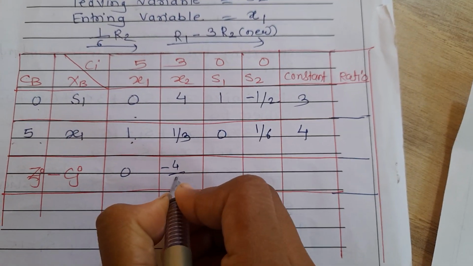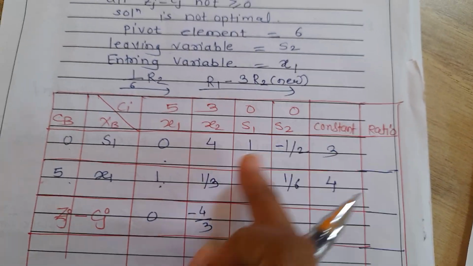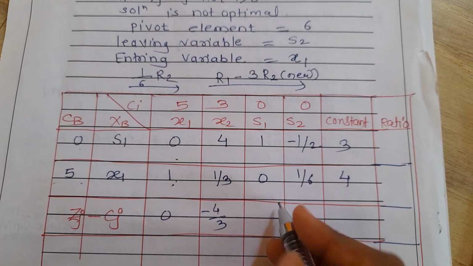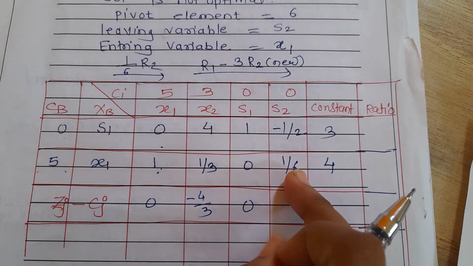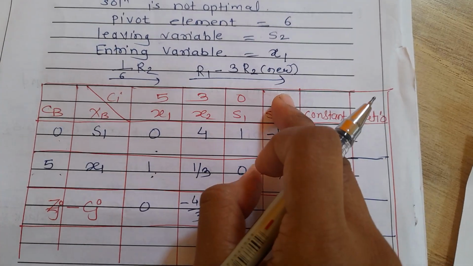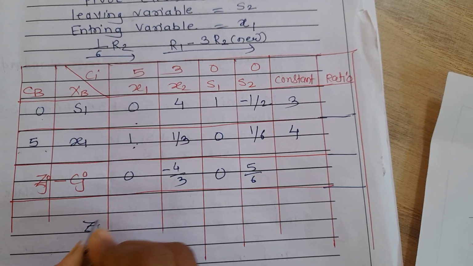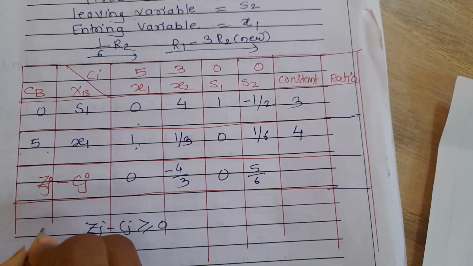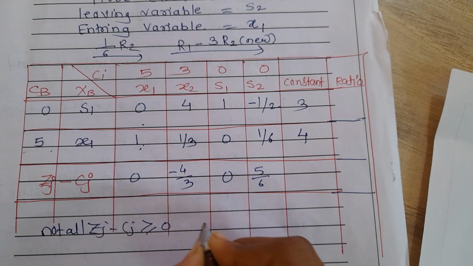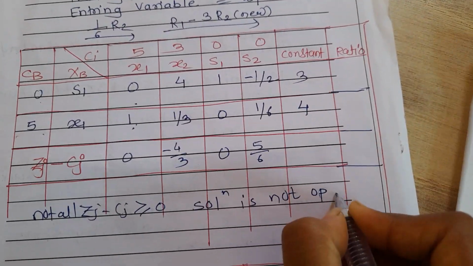Then 0 into 1 is 0, 5 into 0 is 0, 0 minus 0 is 0. 0 into minus 1 by 2 is 0, 5 into 1 by 6 is 5 by 6, and 5 by 6 minus 0 is 5 by 6. Here again, not all Zj minus Cj are greater than or equal to 0. Therefore, the solution is not optimal.